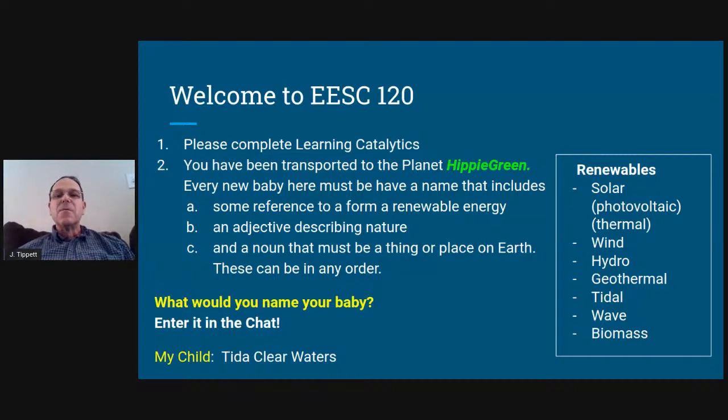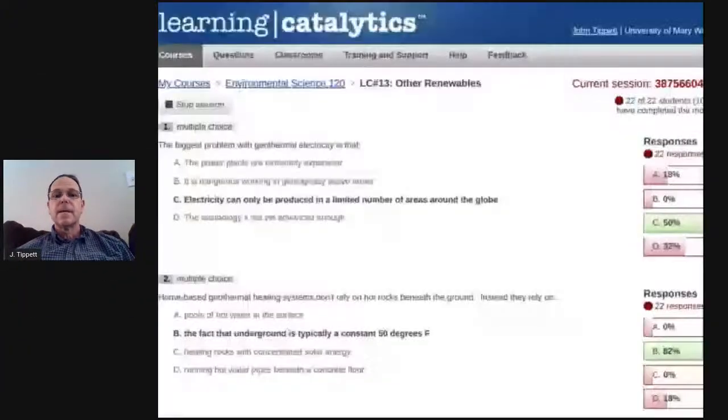All right. So let's move over to the Learning Catalytics for a second. So number one, the biggest problem with geothermal is that it's limited around the globe, right? Only those places where it's close enough to the surface.